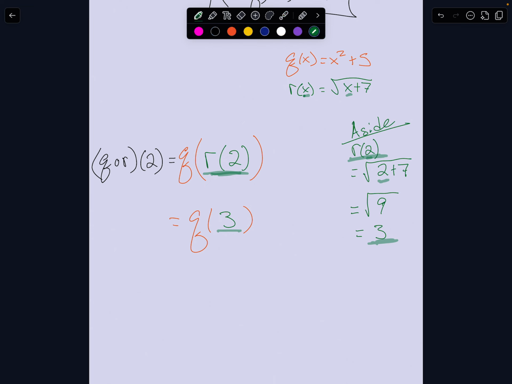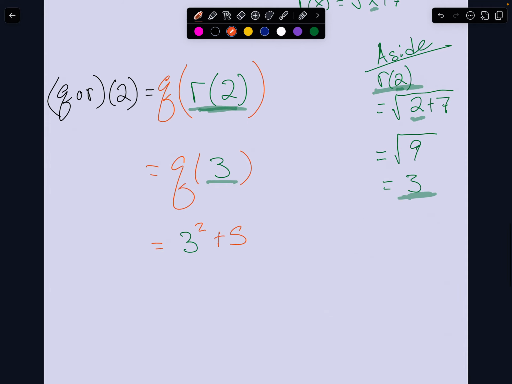So what would we get here? Well, we're going to take q of x and instead make it q of 3. So this would normally be x squared plus 5 if we didn't have a value, but we do. So it's going to be 3 squared plus 5, right? All I'm doing is substituting, yeah?